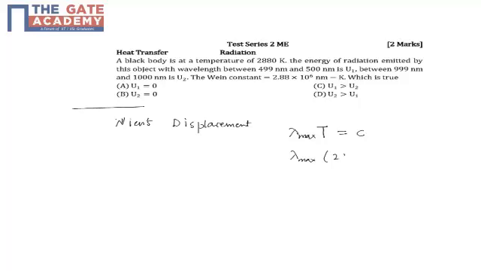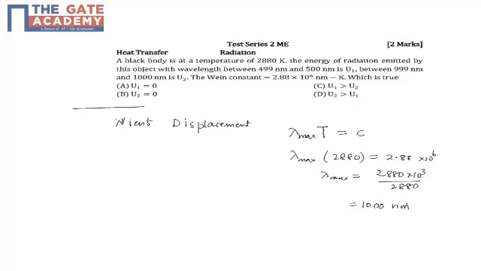The temperature is 2880 Kelvin, and the Wien's constant, which is given in the question, is 2.88 into 10 power 6. So from this you will get lambda max as 2.88 into 10 power 6 by 2880, so this means it is 1000 nanometer.